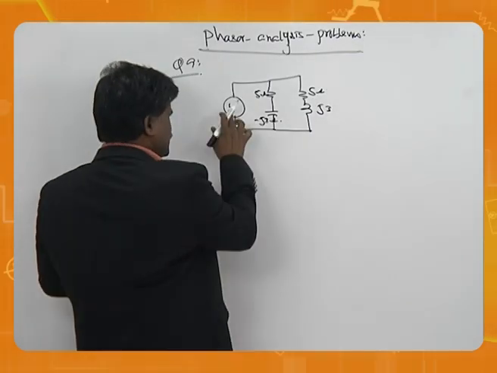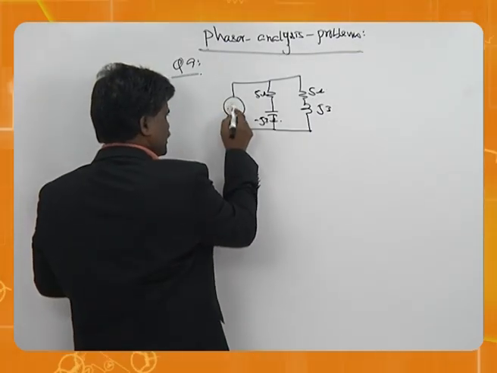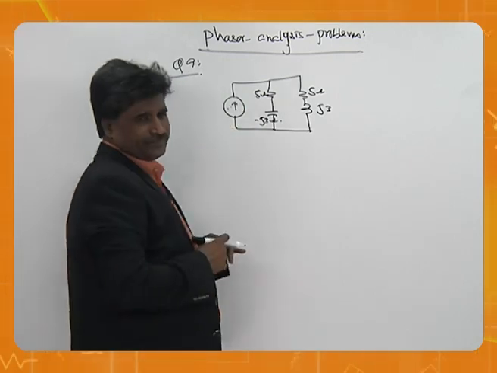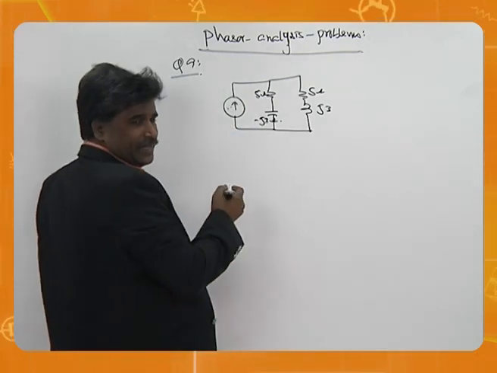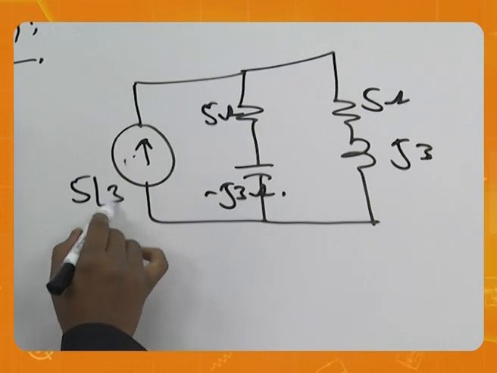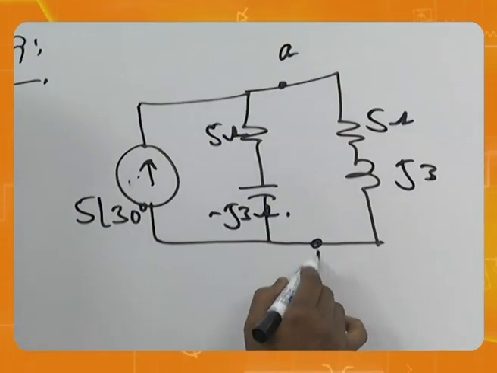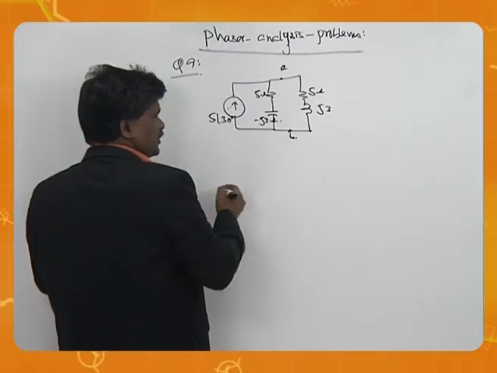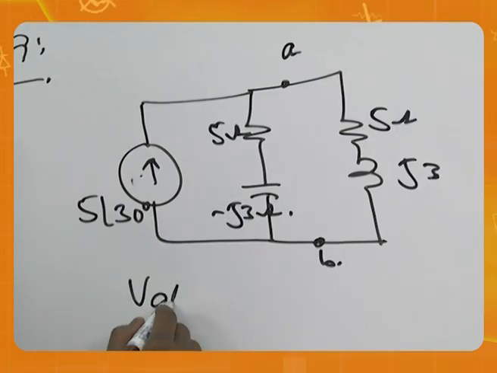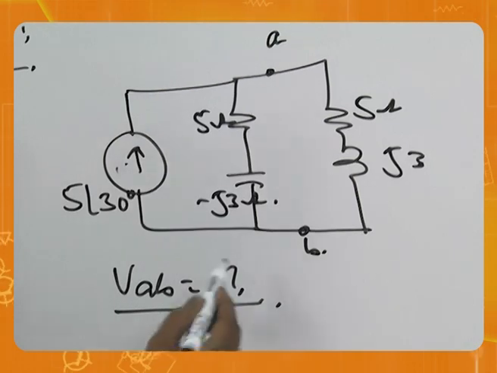And here this is not the voltage, it is current. And 5 angle 30 is here. This is A, this is B. Now the question is to calculate VAB. That's all.